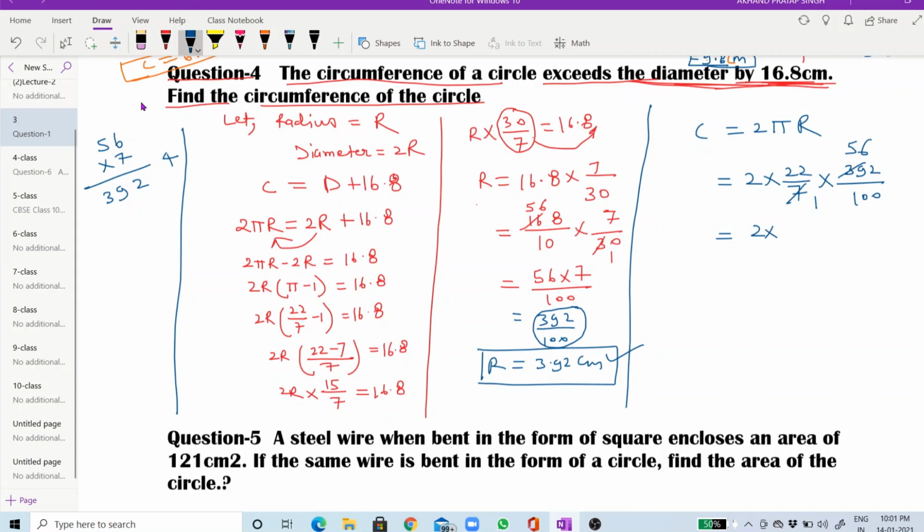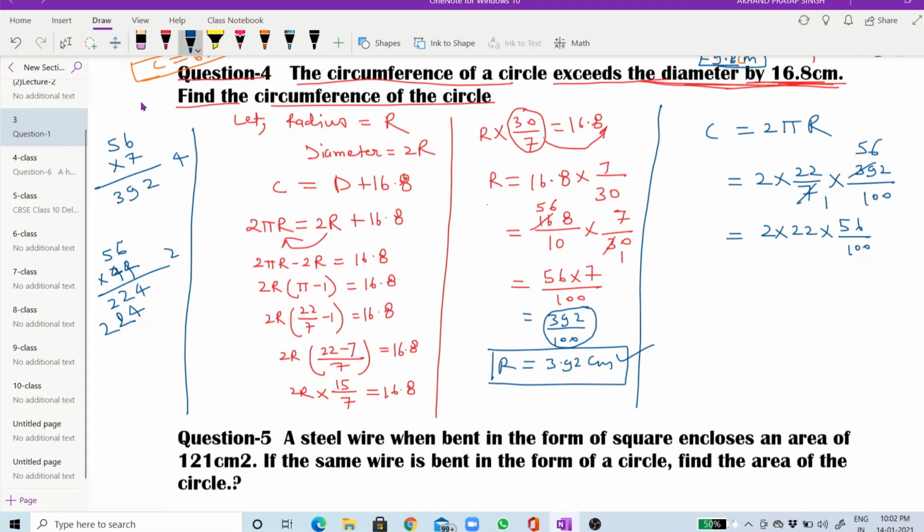So it's 22 into 56 upon 100. So take rough work here. 56 into 22. Not 22, take 44. 4 6s are 24, so 4 here, 2 carry. Again 4 5s are 20, plus 2 is 22.